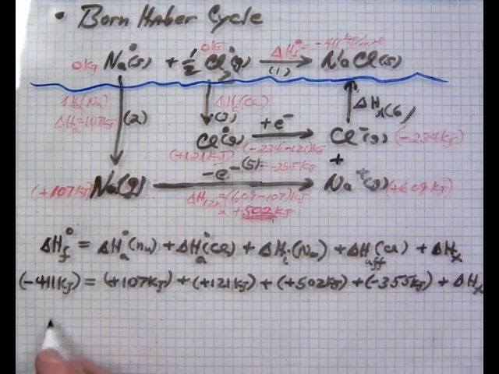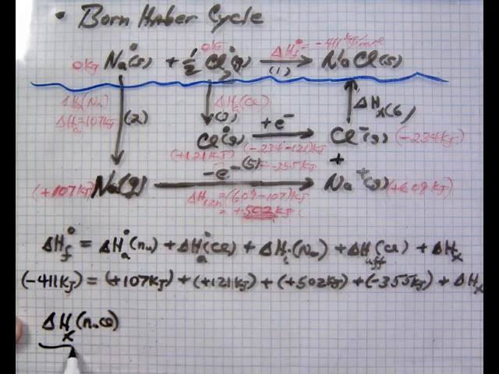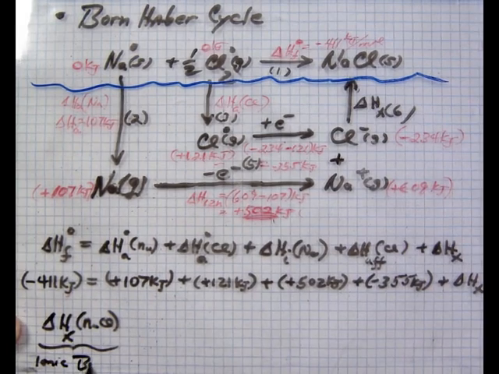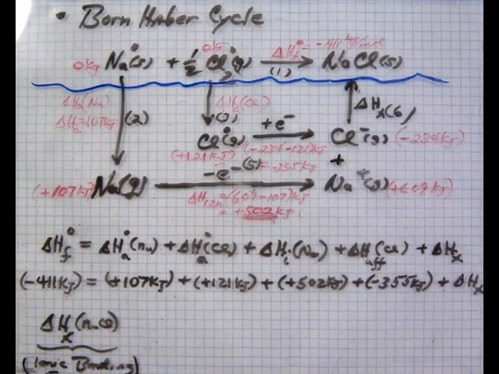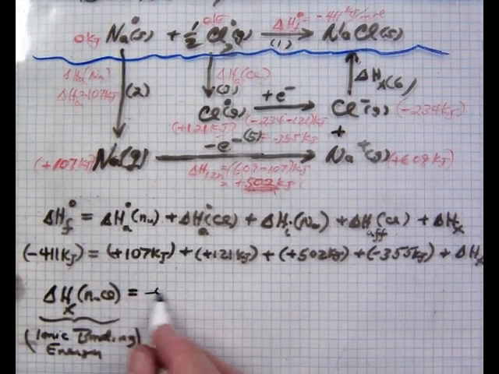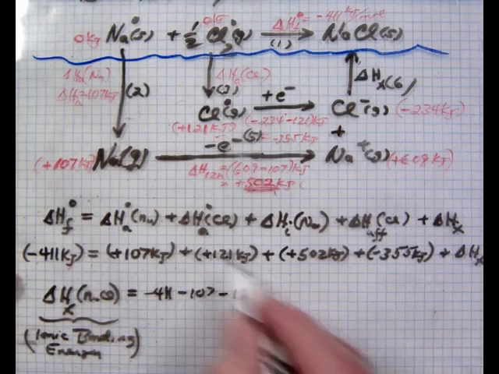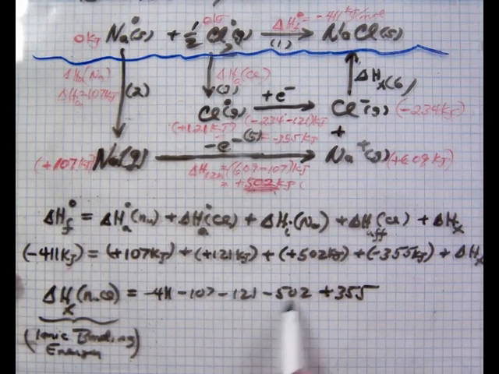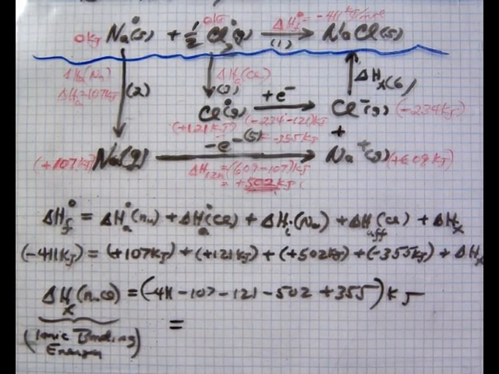So the crystal lattice energy for the sodium chloride bond, the ionic bonding energy for our problem, is minus 411, minus 107, minus 121, minus 502, plus 355. And everybody's going to come out in kilojoules.